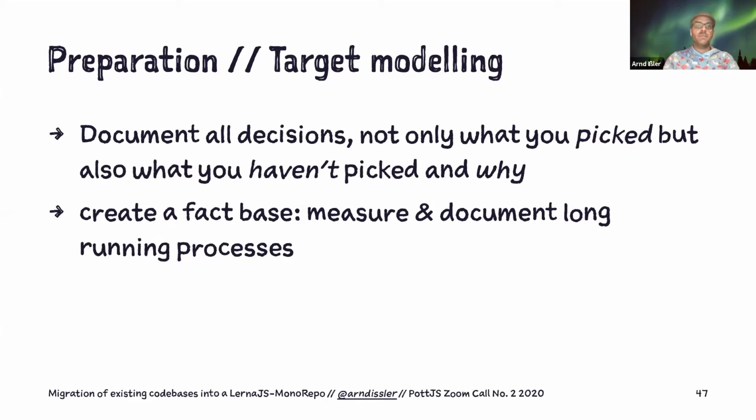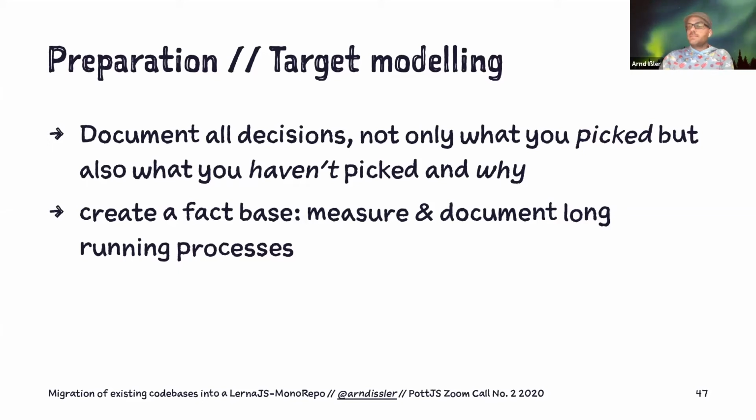Because maybe later in the process you're running into problems and say, oh, this doesn't work out as expected, so we have to Google for new solutions. You don't have to Google if you have a document where you have decisions documented, what you can do next, because maybe the foundation has changed, on which all your decisions are based.